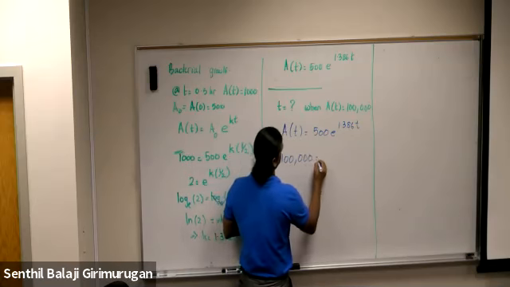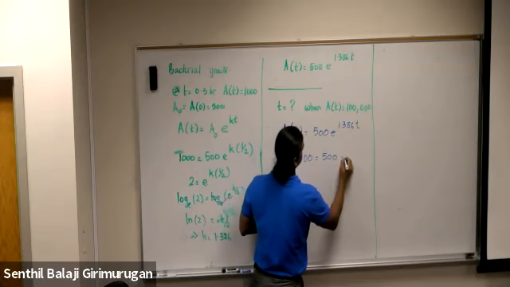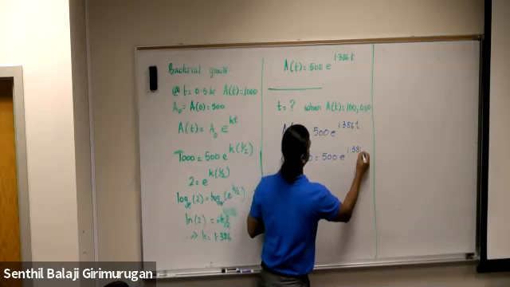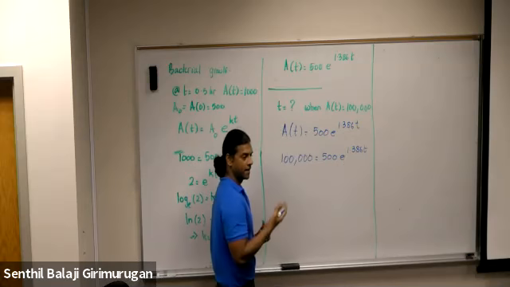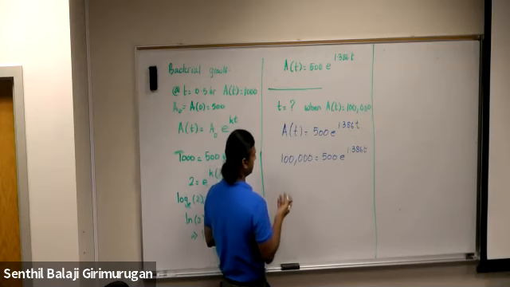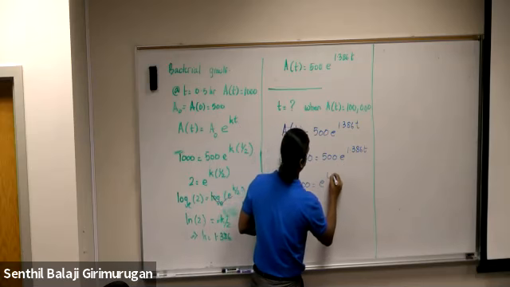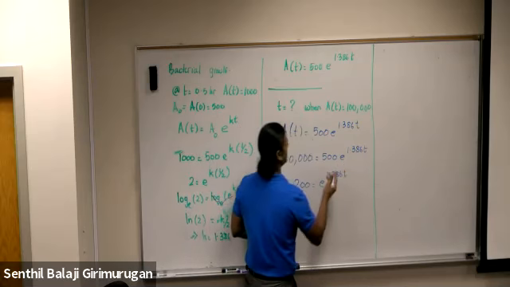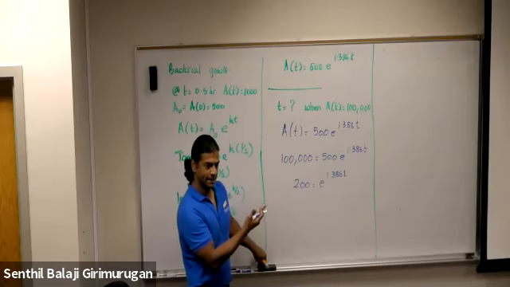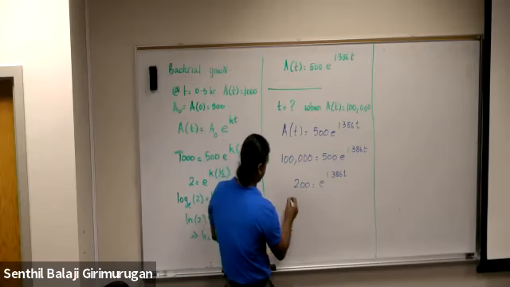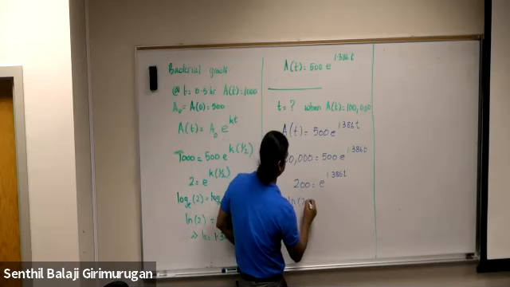So 100,000 equals 500 e raised to 1.386t. Divide by 500 on both sides, you get 200 equals e raised to 1.386t. What logarithm should we take? ln on both sides, which is simply base e.